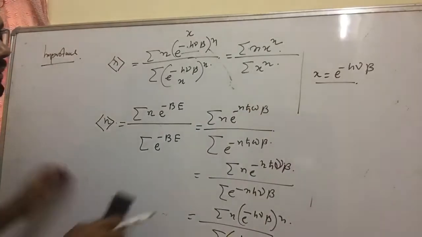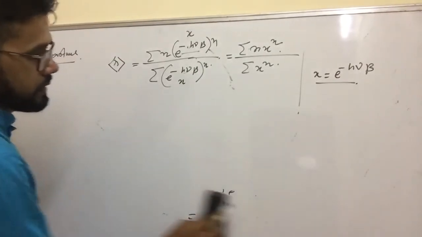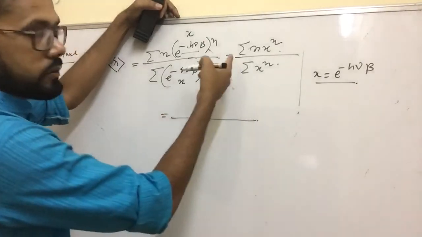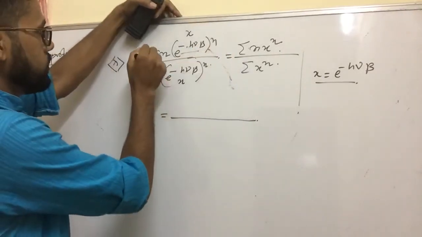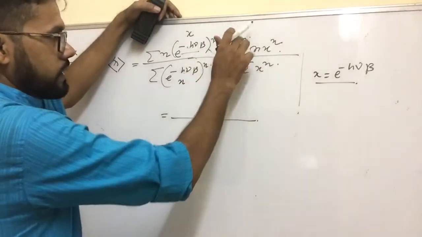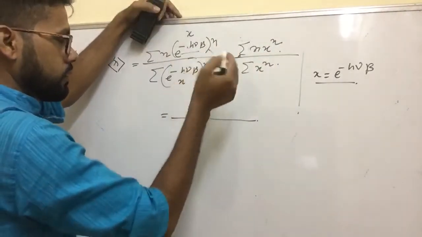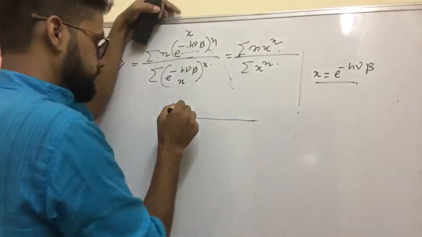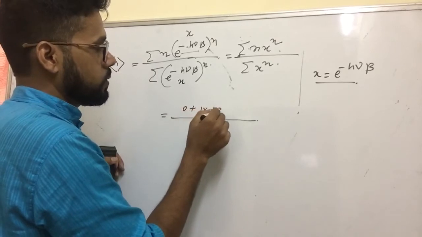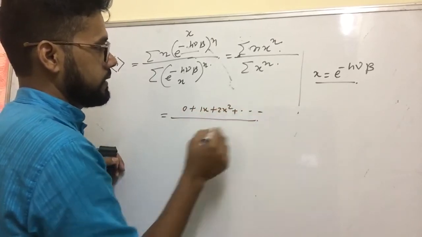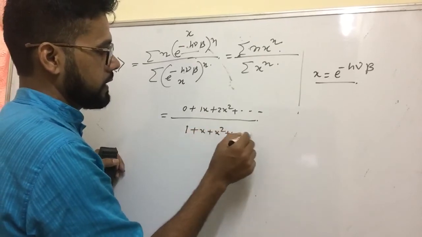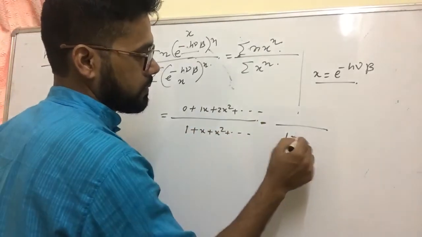Then n goes from 0 to infinity. The first term will be 0, the second 1 times x, twice x squared, plus like that, 1 plus x plus x squared like that. This is a binomial series.